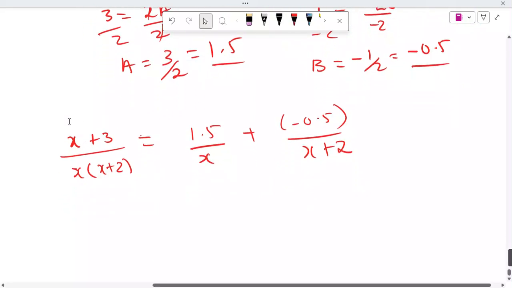So now, meaning this equation, we don't have any use of it because this is the same as this equation here.